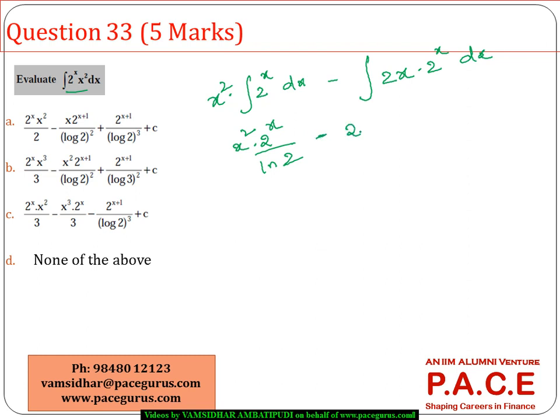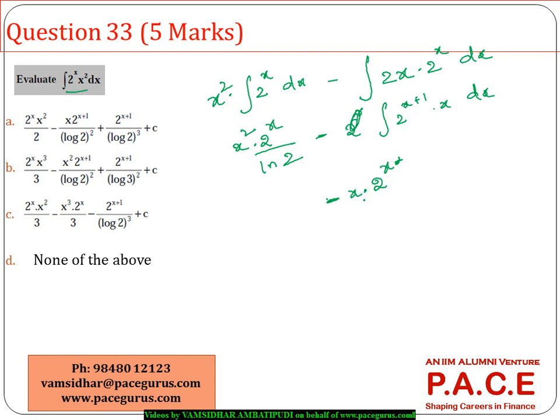Minus, this becomes the integral of 2 power x into x dx. The same logic I can apply here, right? So this becomes x into 2 power x plus 1.